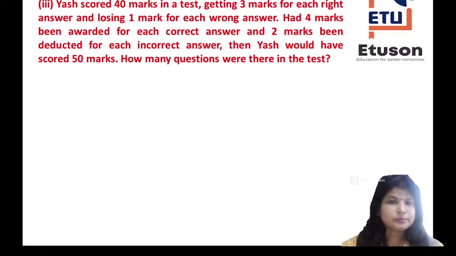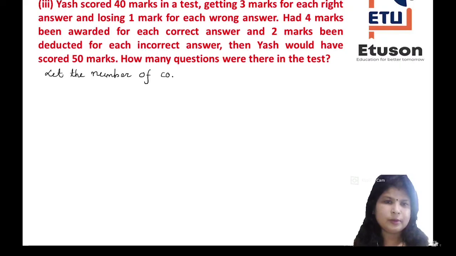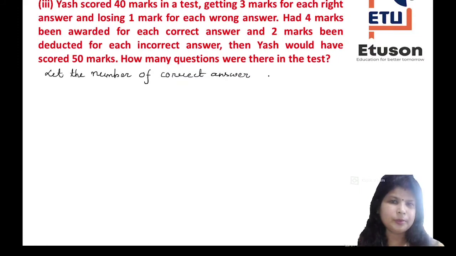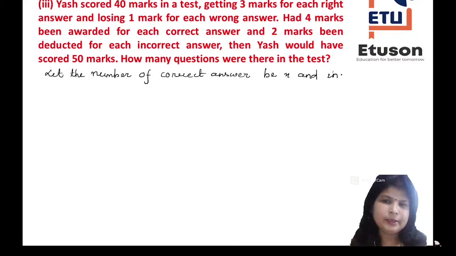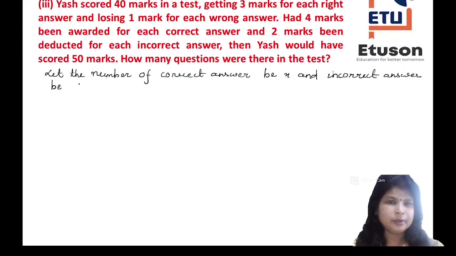So in that case, let us form the equation. Let the number of correct answers be x, and incorrect answers be y. Then when he is scoring 40 marks, what is the equation?